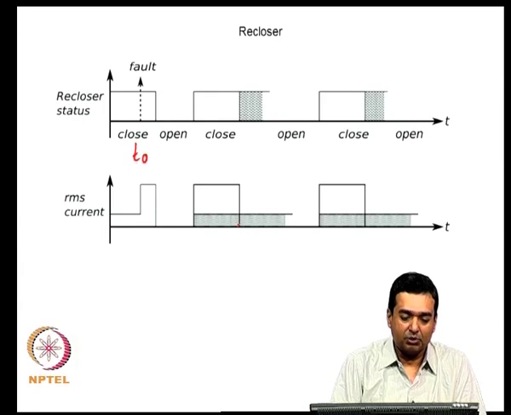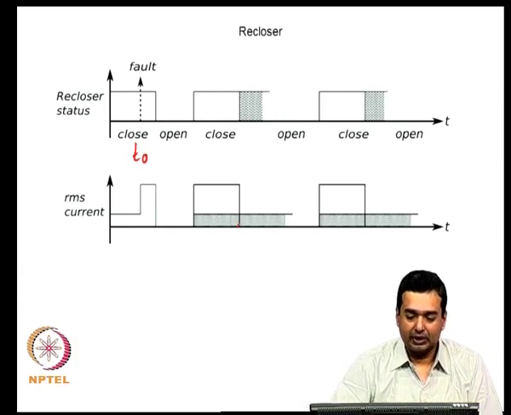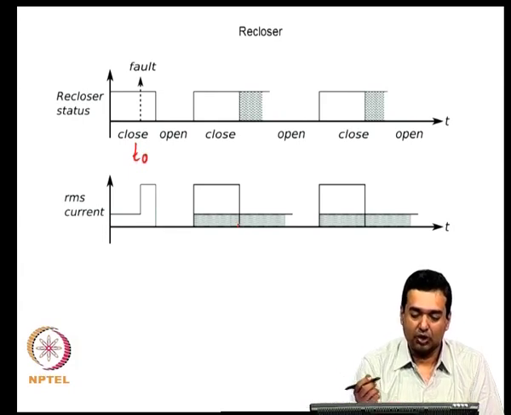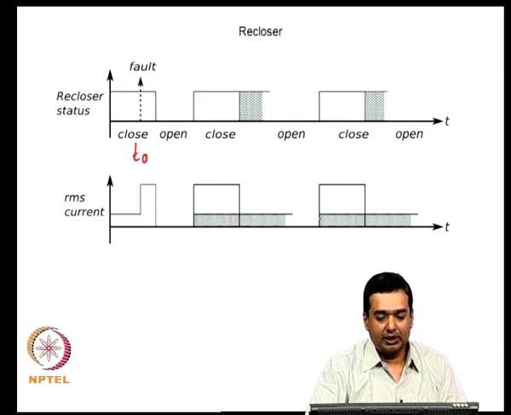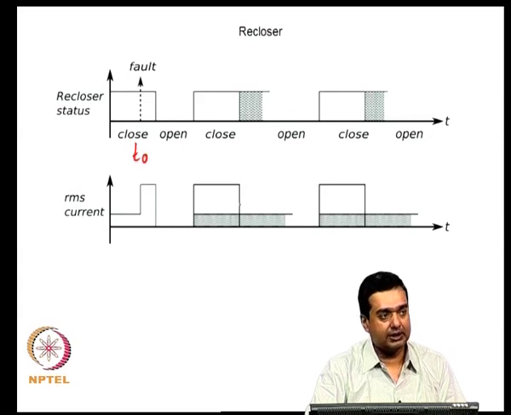So, you could think about durations. You can give names for these durations, and so once you have opened again, when there is a fault seen during this first reclose cycle, you again wait for some time and you open the breaker, and so under this open condition there is no current flowing, and here now you try to close for a second time.